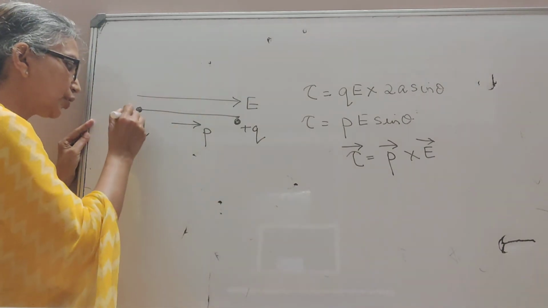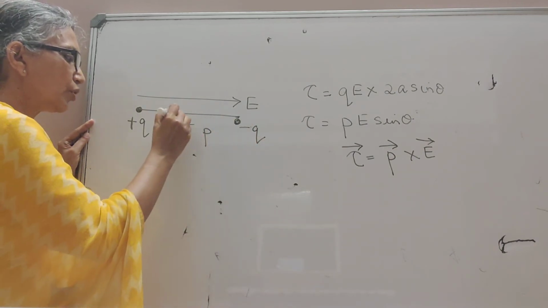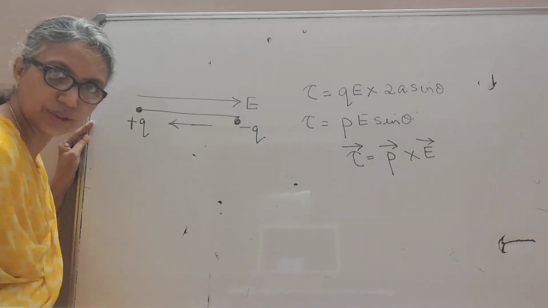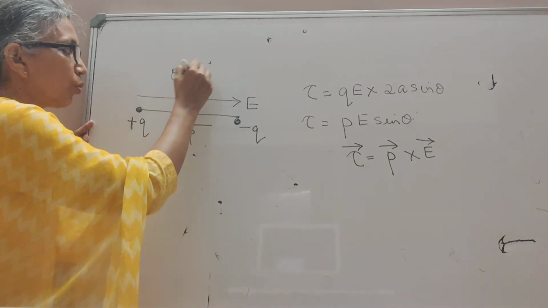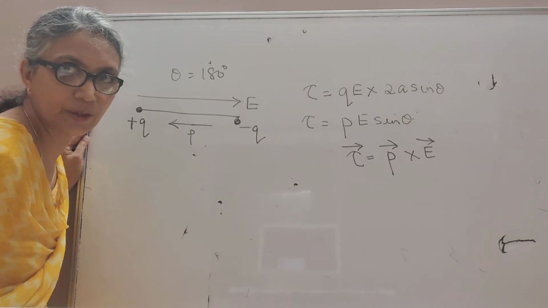If you turn it, that is you keep plus Q here and minus Q here, so that your dipole moment is now like this, from minus Q to plus Q, so that the angle between E and P is theta equal to 180 degrees. Even then, sin 180 will be 0.